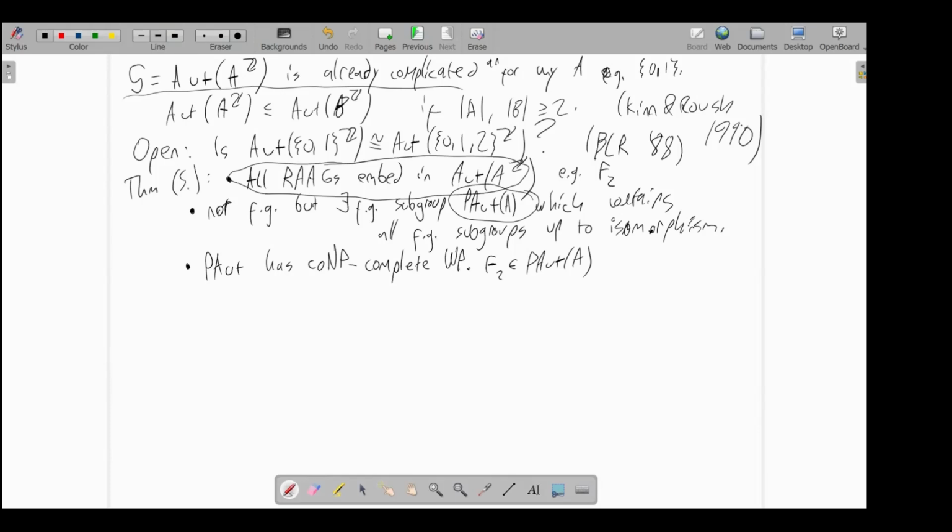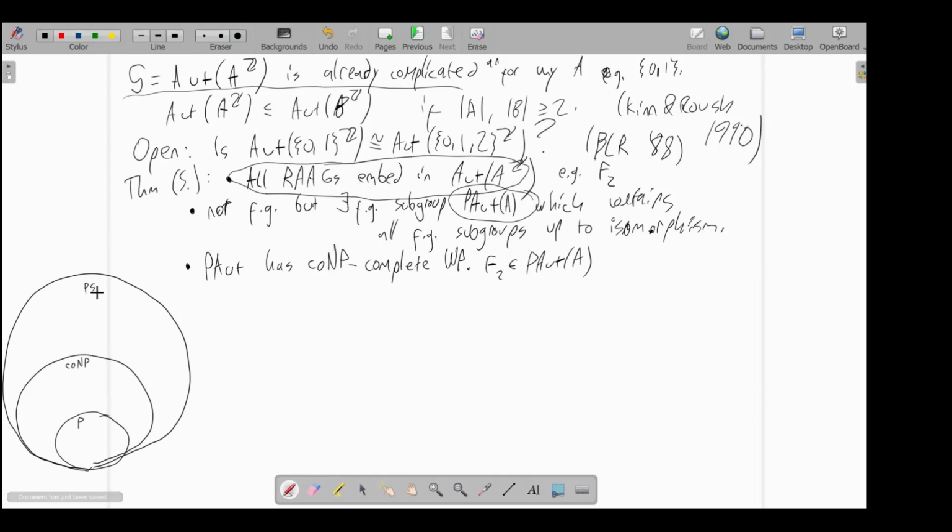And maybe at this moment I should give you a quick overview of complexity theory. So let me give you a crash course. Word problems of groups, and more generally languages of any kind, are classified by complexity depending on how complicated it is to check whether a word belongs to the language by a computer program.